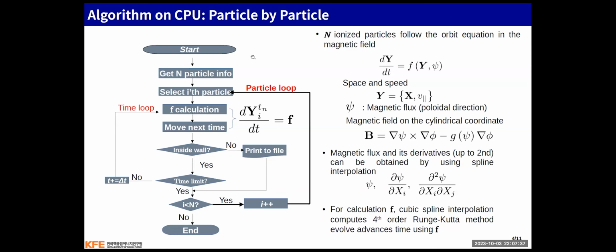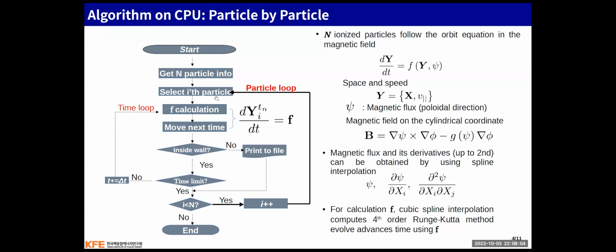This shows the flow chart of the NUVDEC code on CPU machines. This CPU algorithm is particle by particle. At the first step, we get n ionized particles, and we follow them after obtaining all n particles' information.